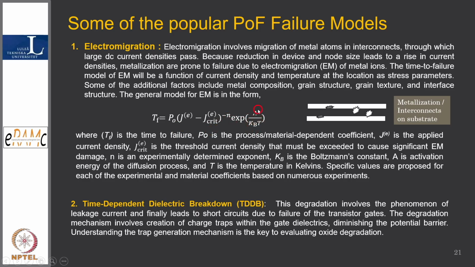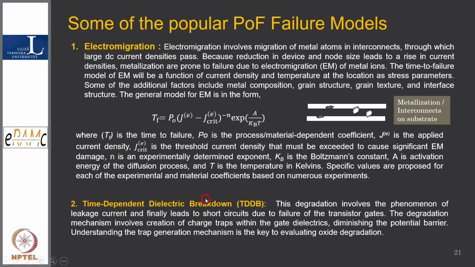Okay, A is the activation value and T is the temperature in Kelvin. So it is a simple model which is available in open literature, and you can use it to study the metallization in your electronic board. Maybe for many projects this can be one of the studies.